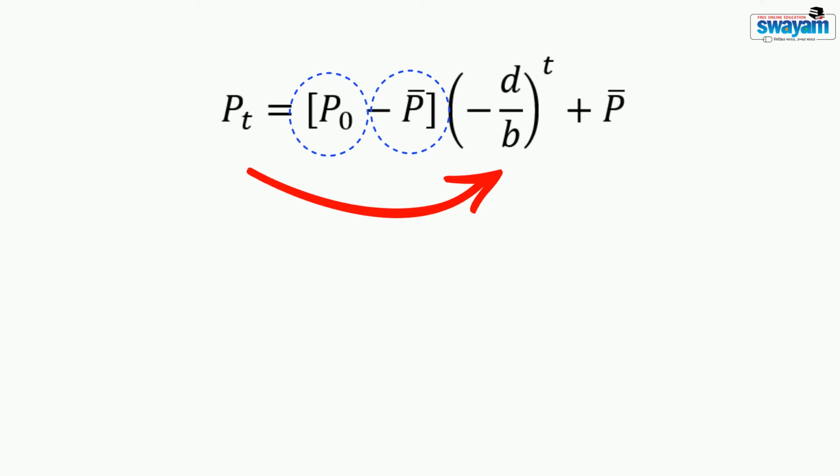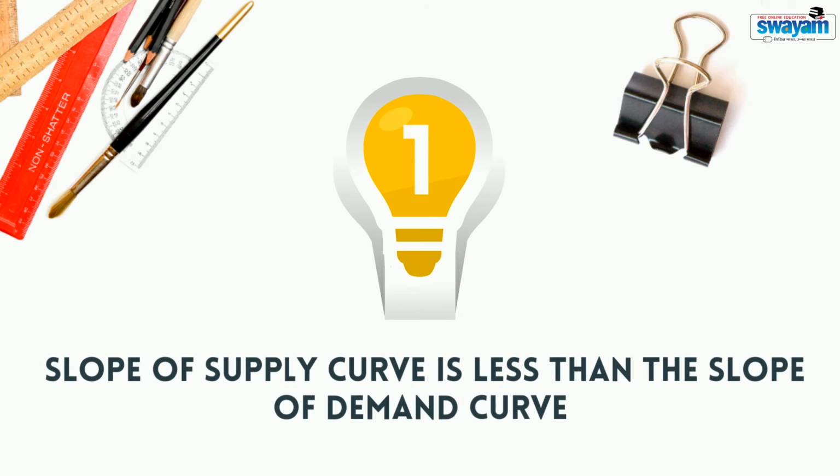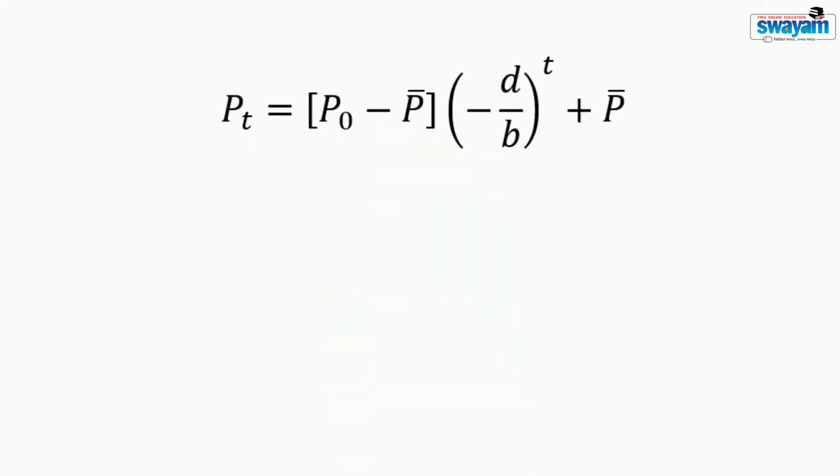This means that the time path will depend on the slope of the demand and the supply curves. There may be three cases. In this ratio, d is the slope of the supply curve and b is the slope of the demand curve.